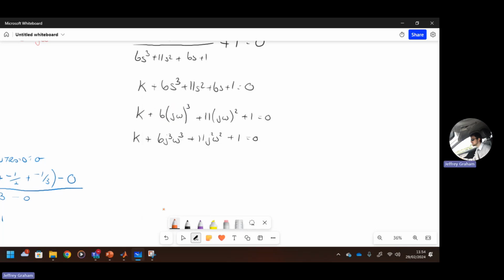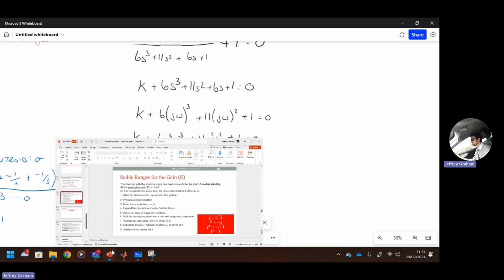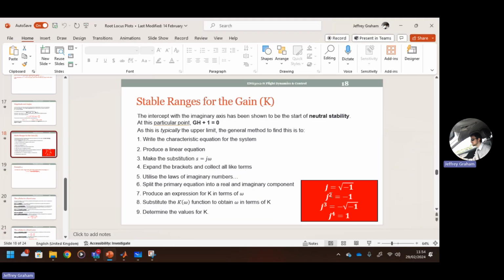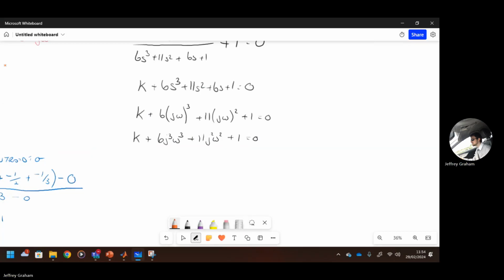Right, from the theory of imaginary numbers, this is in our PowerPoint here. You can see what j squared, j cubed, and j to the 4 equal. So j is just the square root of -1. That stays as it is. If you square that, it comes out as -1. So wherever j squared appears, we're going to put -1.